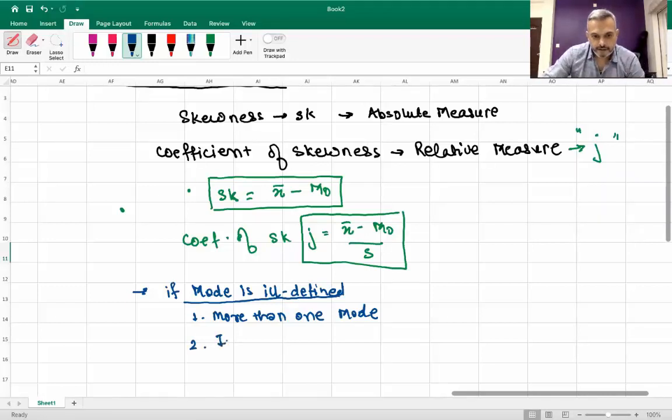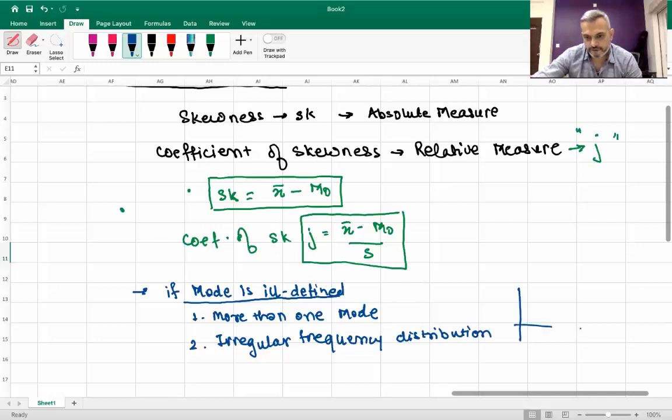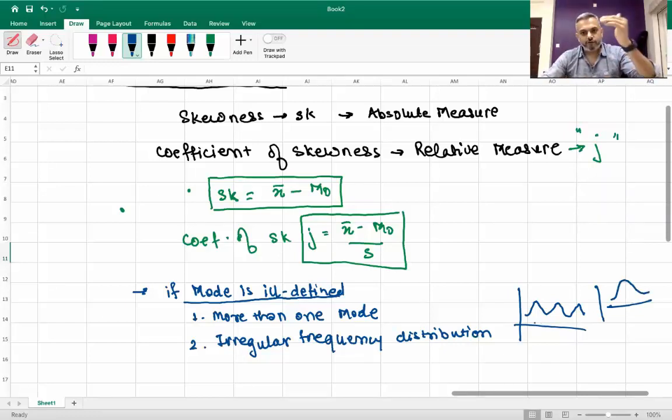Second, irregular frequency distribution. Irregular frequency distribution means what? That if you make a graph of it, you will get a graph like this, not a graph like this. So it's very irregular. You have frequencies 2, 3, 8, 5, 7, 8, 6, 4, 8, something like that.